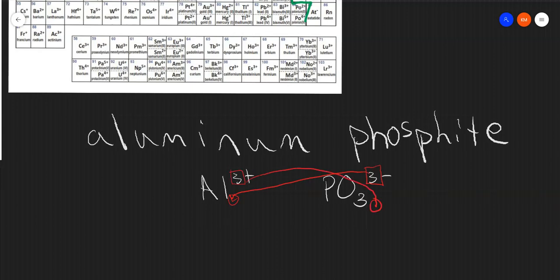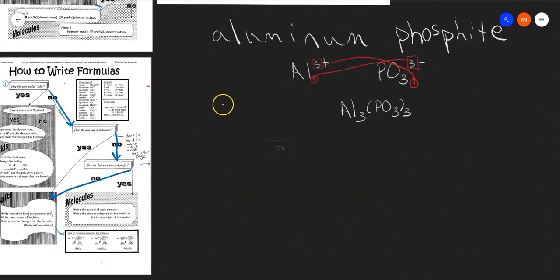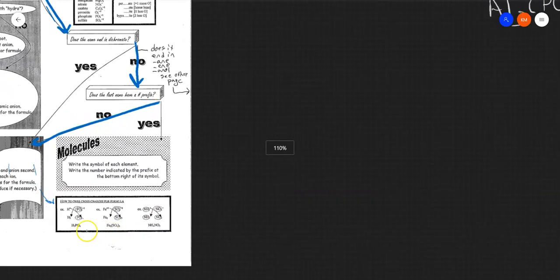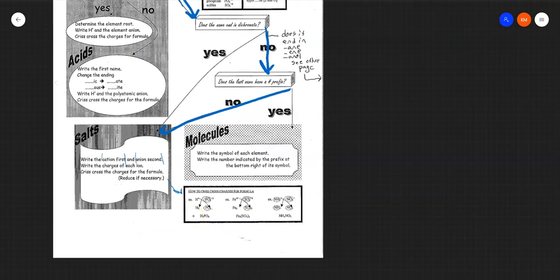So I would end up with Al3 PO3 3. Now, if you remember from here, it says reduce if necessary.